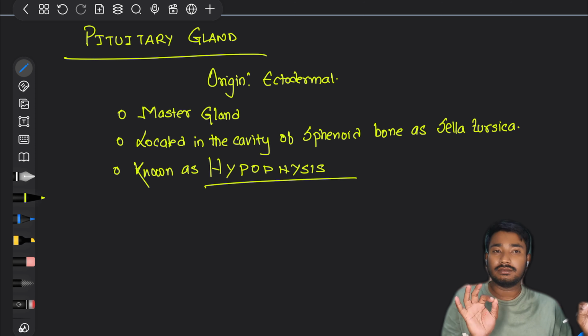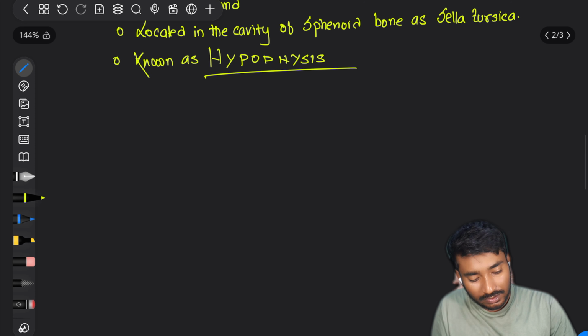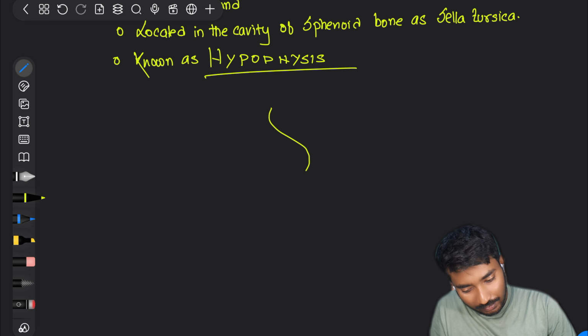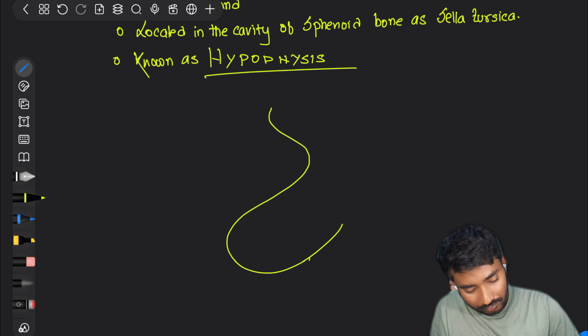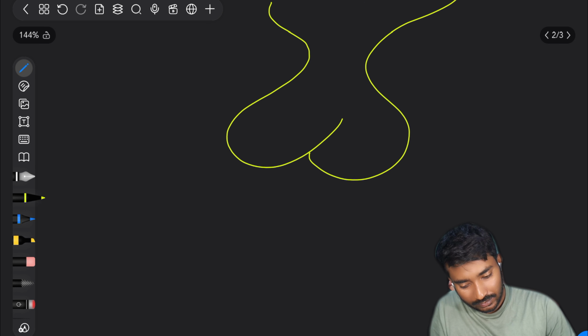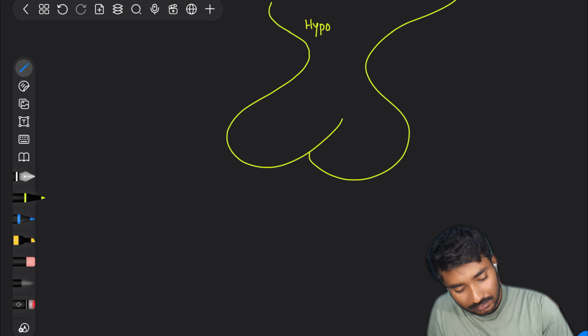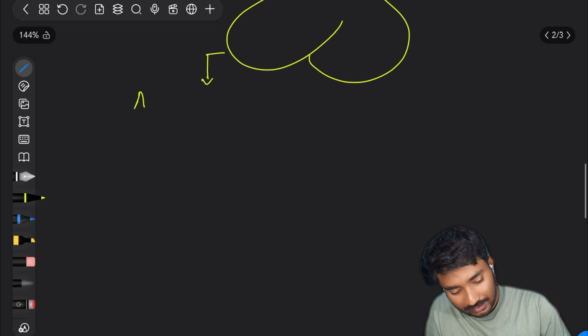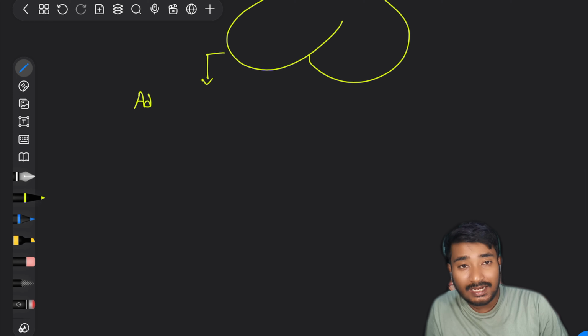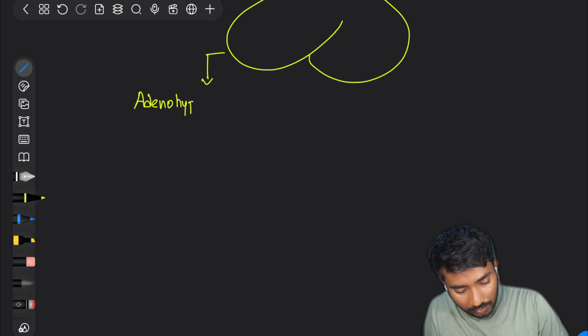Hypophysis. Okay. So now the hypothalamus. It is the hypothalamus. This is the adenohypophysis. That is the anterior pituitary. Adenohypophysis.